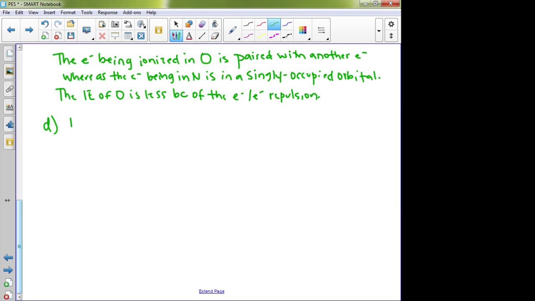So I would say the ionization energy of sodium is going to be less than lithium and neon.